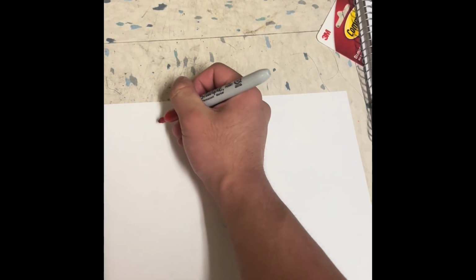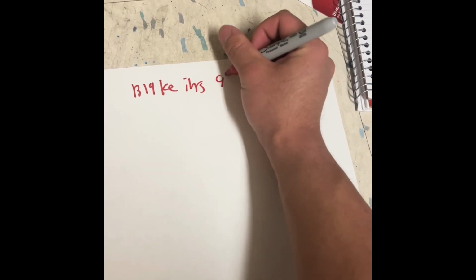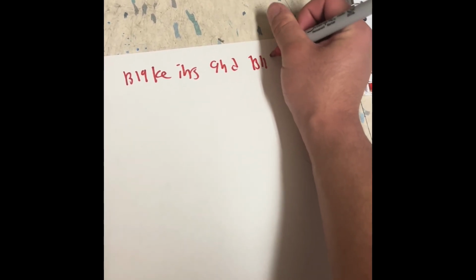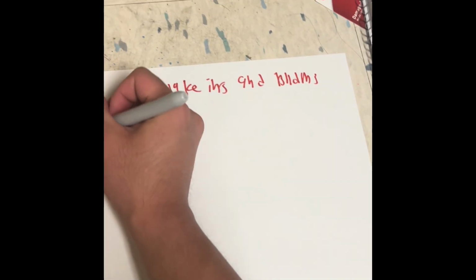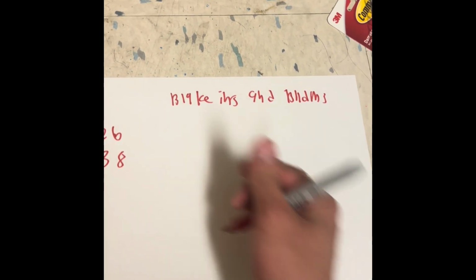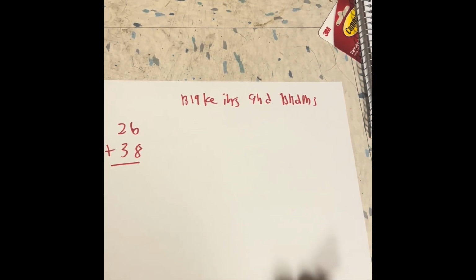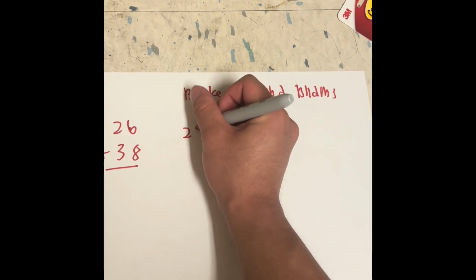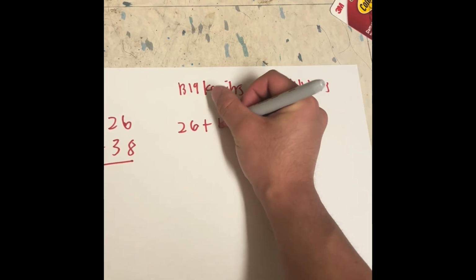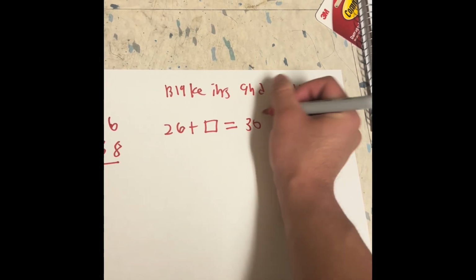So yeah, the next one we're going to take a look at is called breaking and bridging. So we have 26 plus 38 once again. So what we're going to do in this case scenario is say 26 plus what is going to give me an even number, like 30.